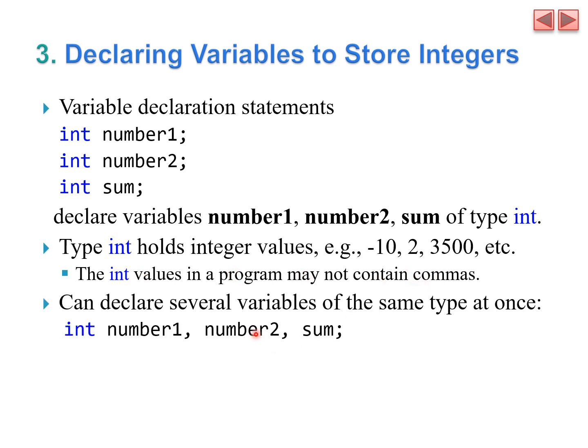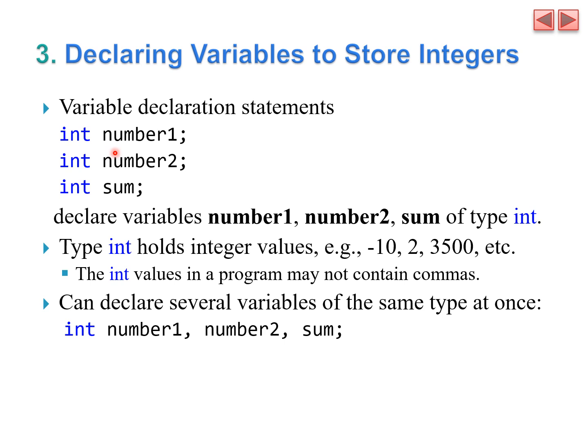Several variables of the same type may be declared in one declaration with the variable names separated by commas. For example, we can declare the three variables number1, number2, and sum in this statement, which is equivalent to the three variable declaration statements above.